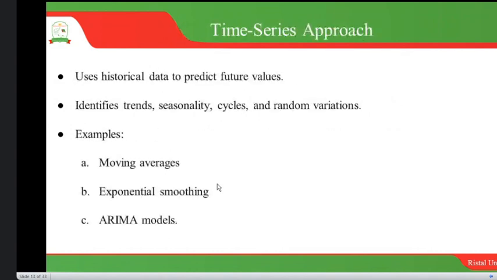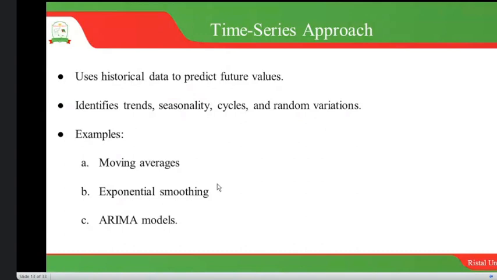Now, we have what we call the time series approach. When we are talking about the time series approach, we use historical data to predict future values. And we identify various kinds of trends. We identify different seasons or seasonality.